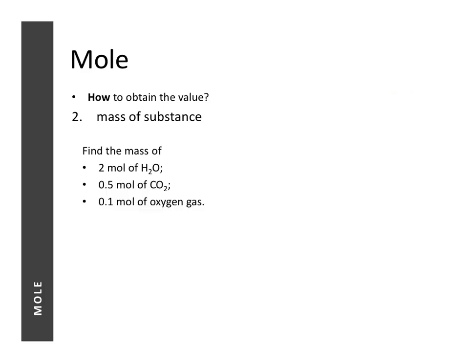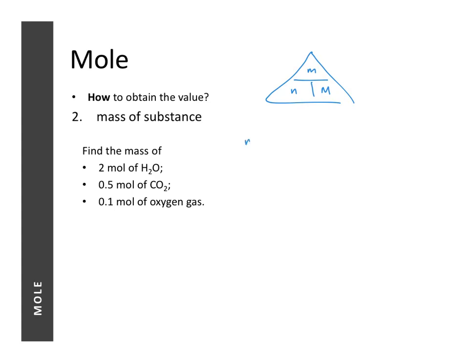Now let's use the formula that we have just learned to practice again on a few questions. I'm going to draw the triangle once more. In this question we're supposed to find the mass of 2 moles of water.